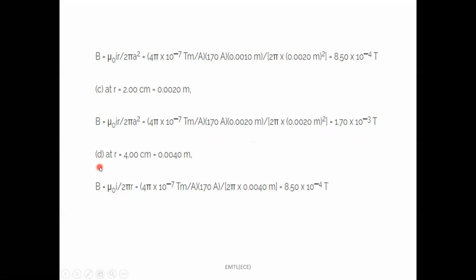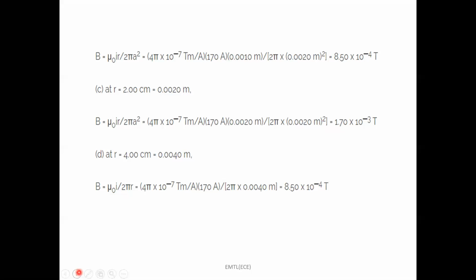Now the last problem in this case is at r is equal to 4.00 centimeters. In meters, it is 0.0040 meters. So B is equal to mu naught I by 2 pi r. Mu naught value is 4 pi into 10 power minus 7 Tesla meter per ampere, and I is current 170 amperes. 2 pi r value, that is 0.0040 meters, and the resultant value at r is equal to 4.0 is 8.50 into 10 power minus 4 Tesla.